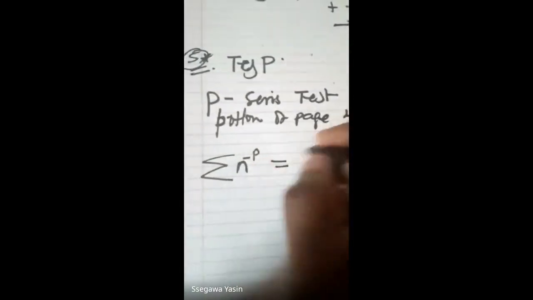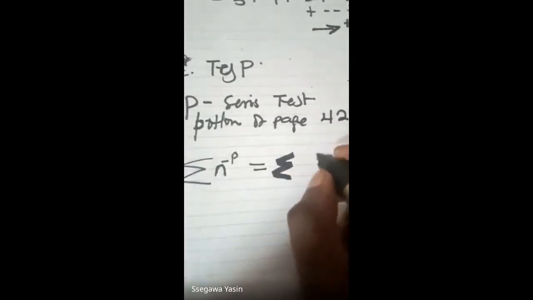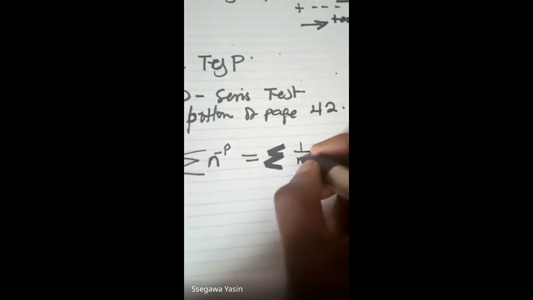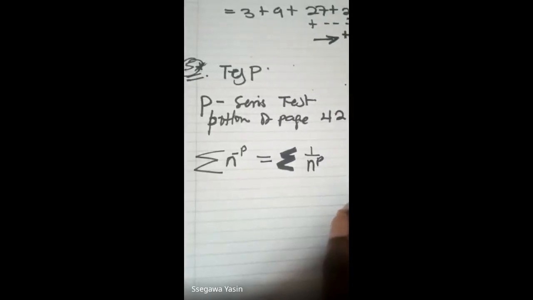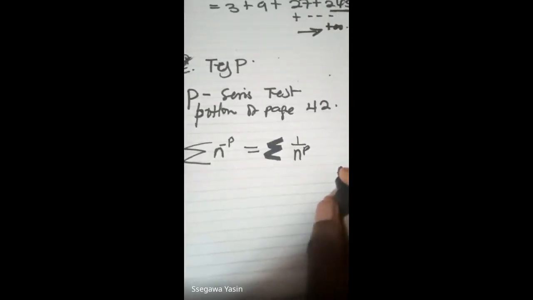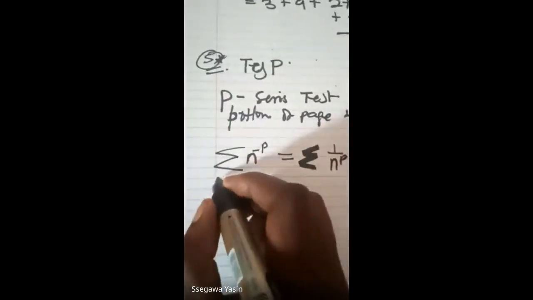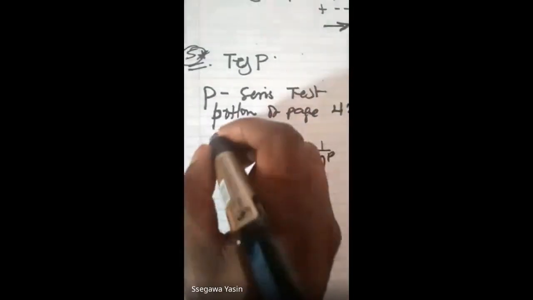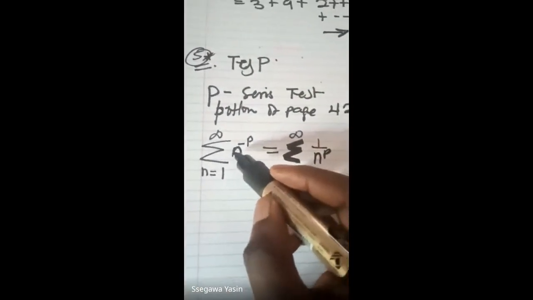And this can be written as a sum, but this one will be 1 over n to power p. The other side we use the k. And remember we are having two unknowns, so we can be specific and say our n now moves from 1 to infinity.